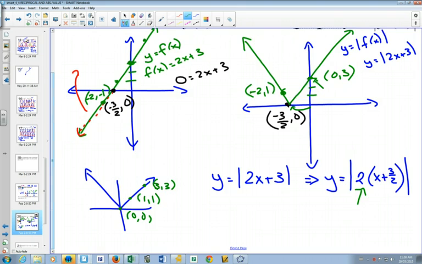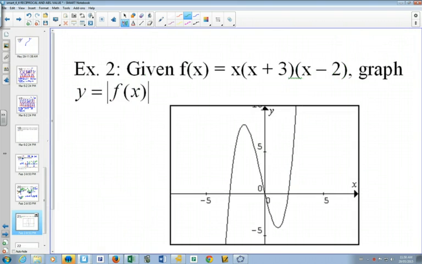Sometimes you're going to be given a graph and asked to graph the absolute value of it on the same one. So here we're given a cubic graph. It's already been factored, so we know that we have an x-intercept here at negative 3, 1 at 0, and 1 at positive 2.